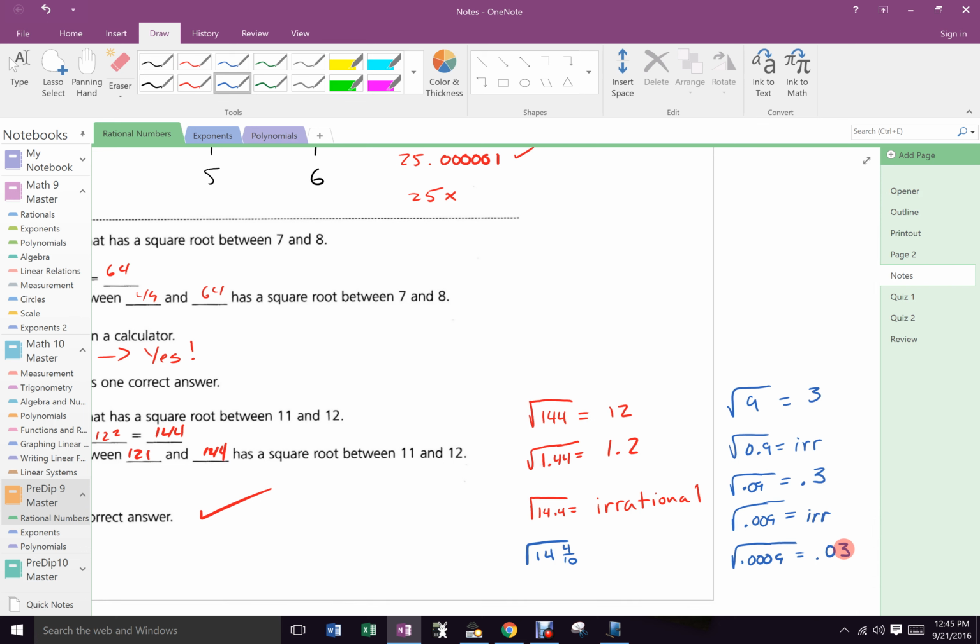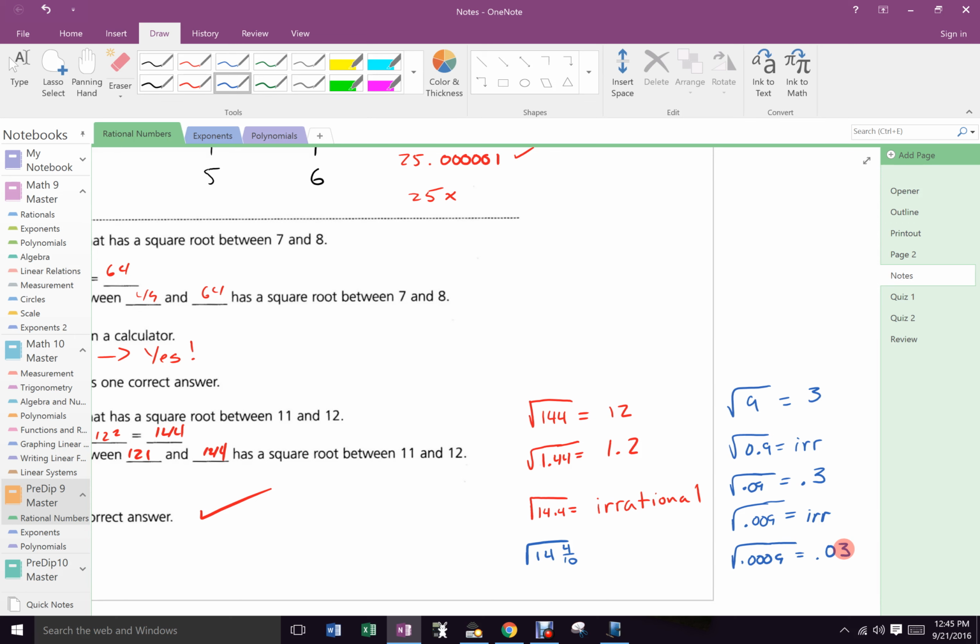When you have, for example, 0.0009, it has an even number of digits. Even decimal places have the possibility of being a rational square root. Odd decimal places do not. Everybody understand?